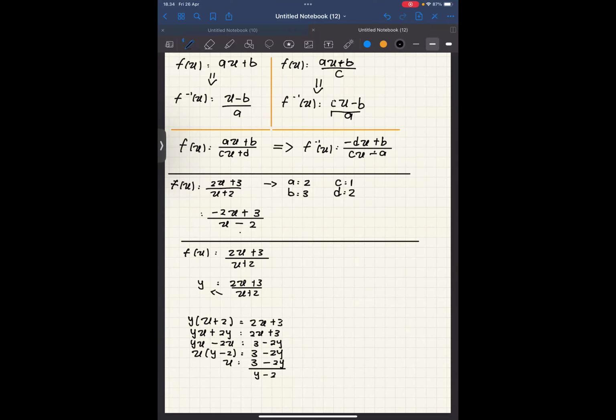And now we're changing the x here to the f inverse, f(x) inverse. So f inverse equals, and we are changing the y here to x. So this is 3 minus 2x over x minus 2. This should be minus, sorry.